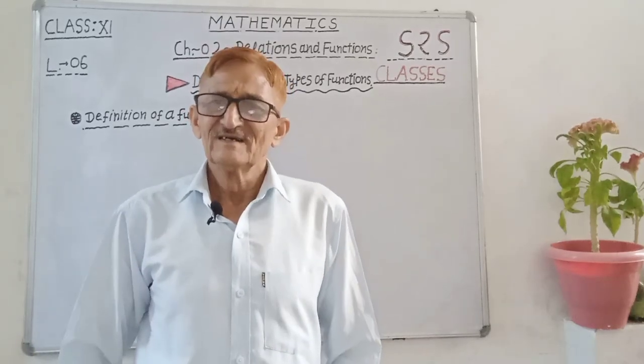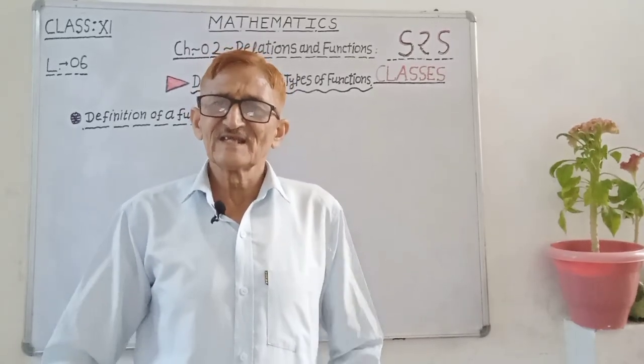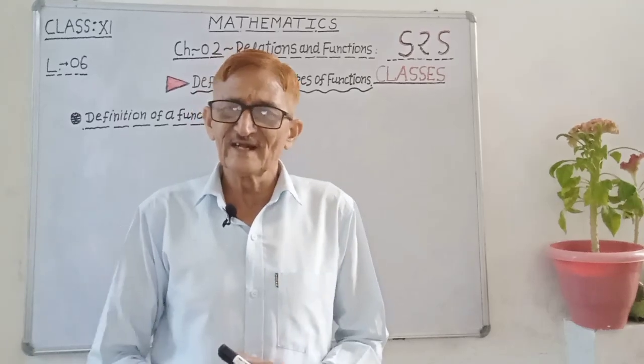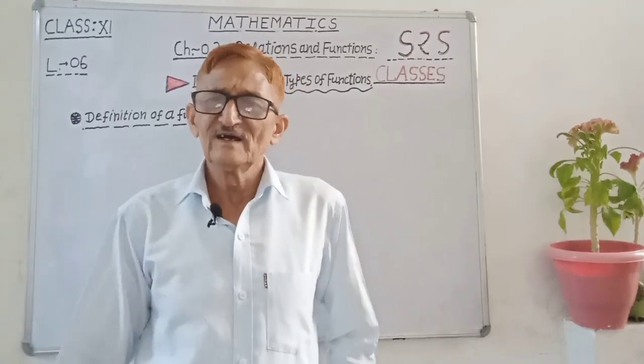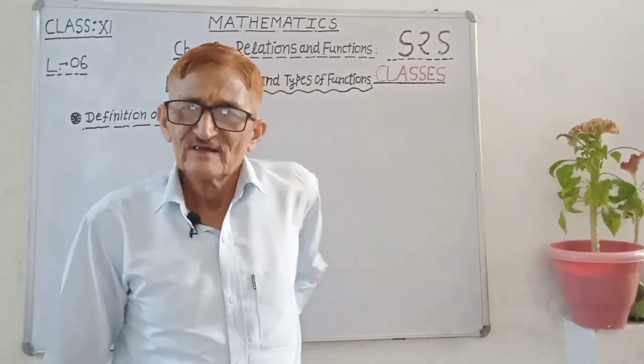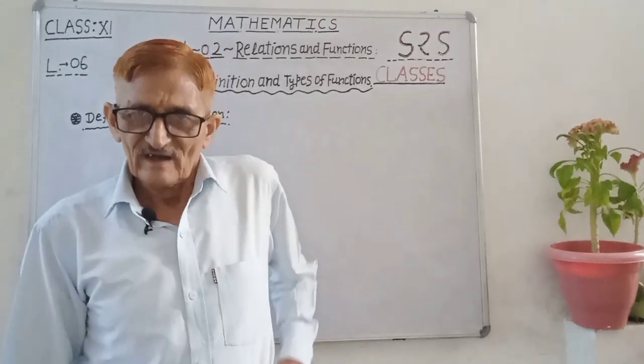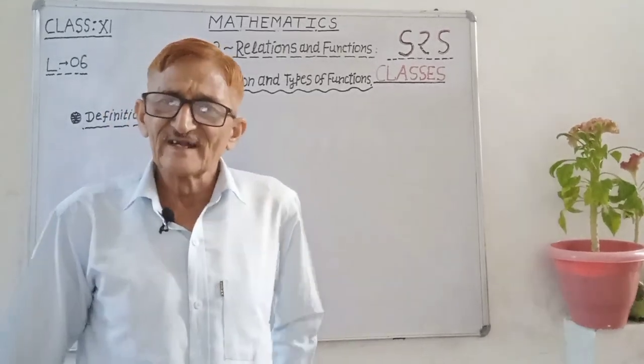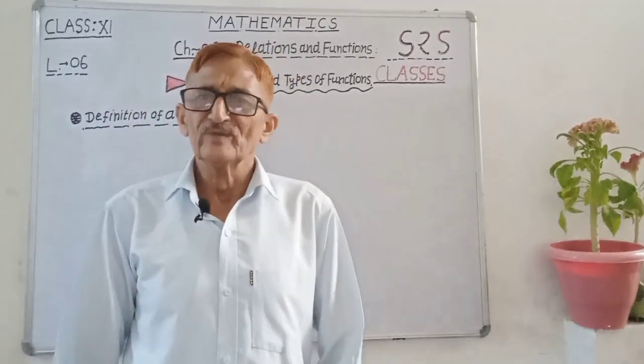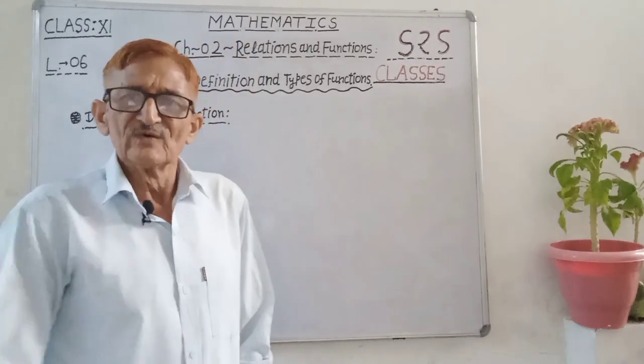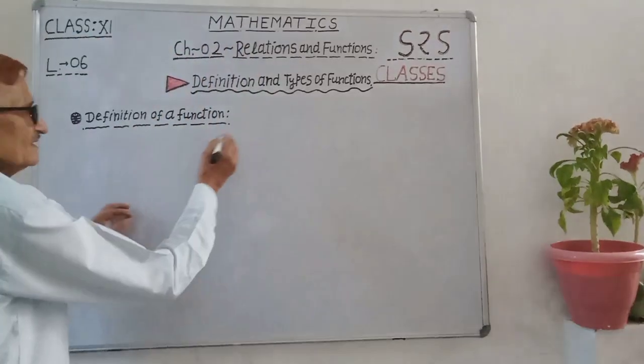That set is called the range set, and the range set may be the full second set or a subset of it. I told you that the range set is a subset of the codomain. Clear? Now write the definition.